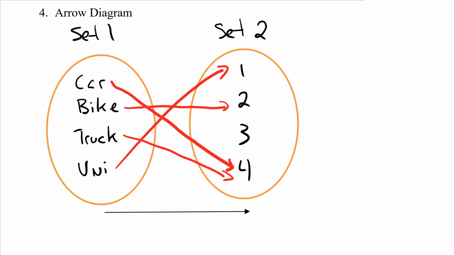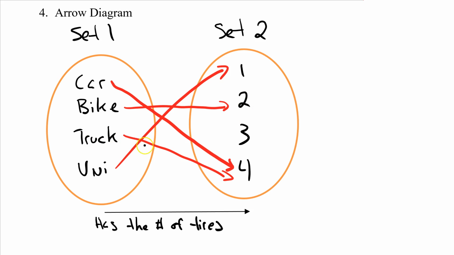So the last thing we have to do is describe the association with the arrow. The car has the number of tires, which was 4. The bike has the number of tires, which is 2.